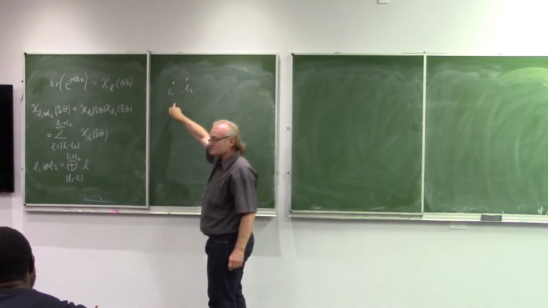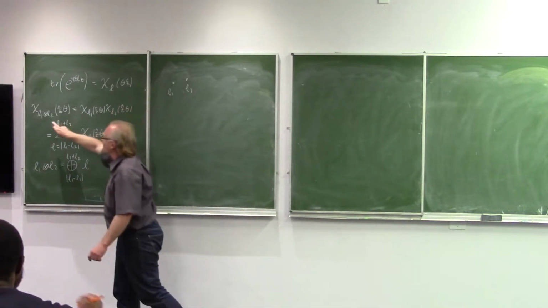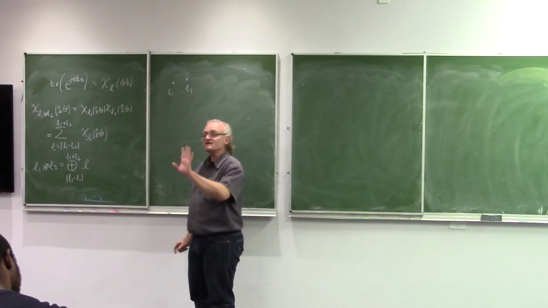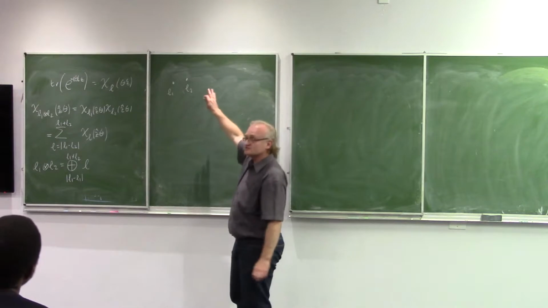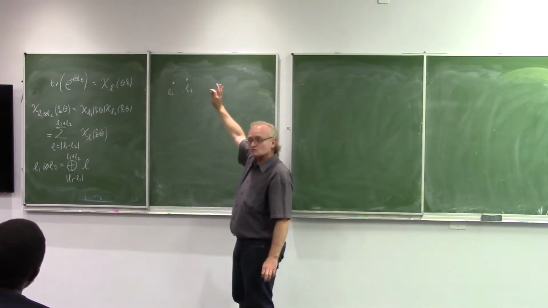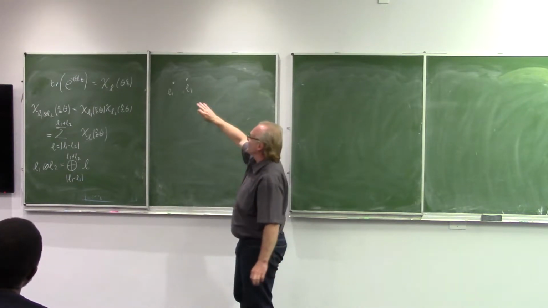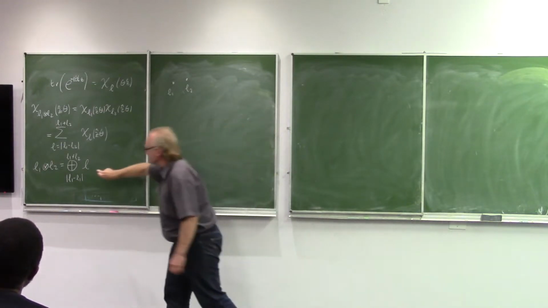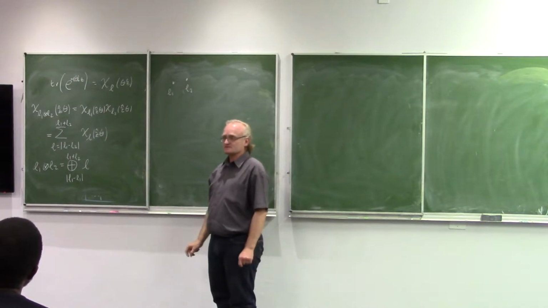Then I ask the question: if I measure the angular momentum of this two-particle system, what will I find? The possible angular momenta of this two-particle system are these values L.